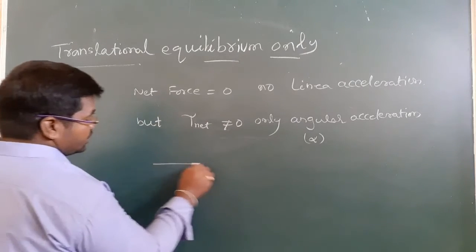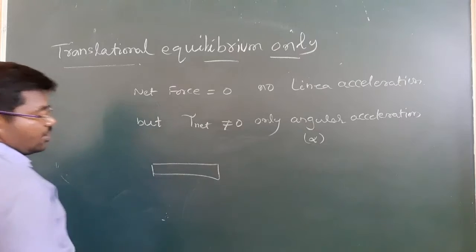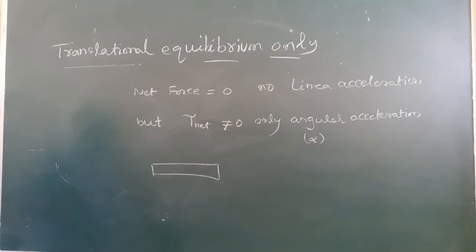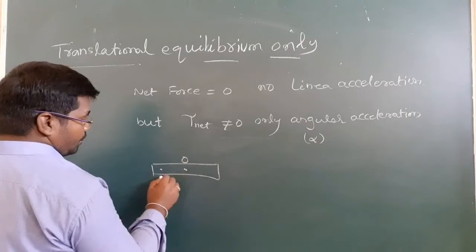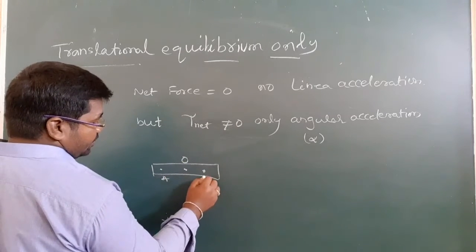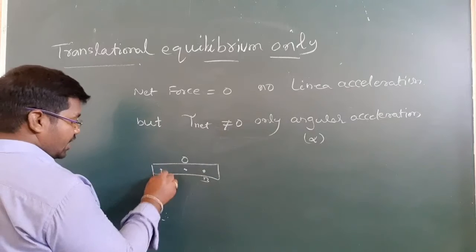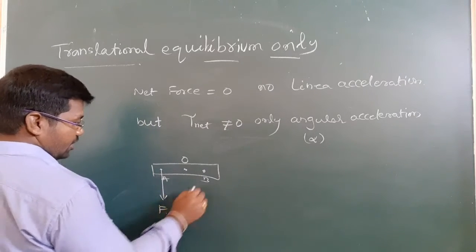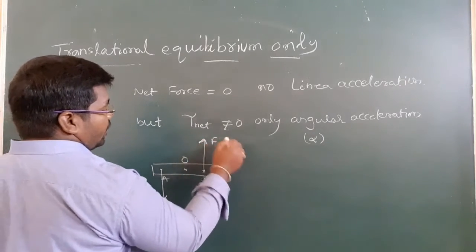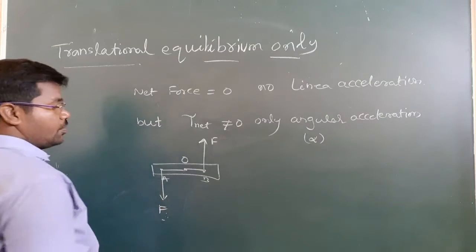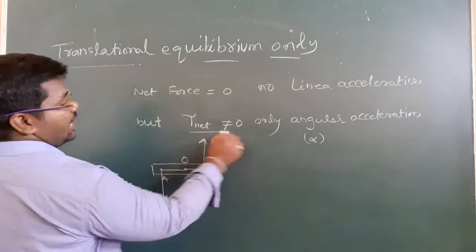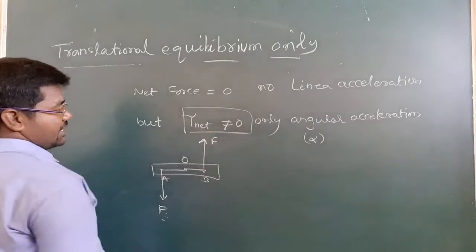Understand? So in this case we can say the body is in rotational motion, my children. See, consider point O, here A, here B. In this case, one force is acting downward, another force is acting upward. The net torque will not be zero, and the net force is 0.